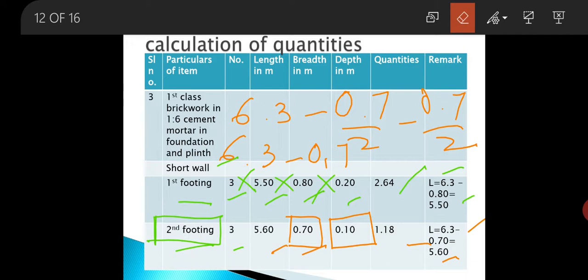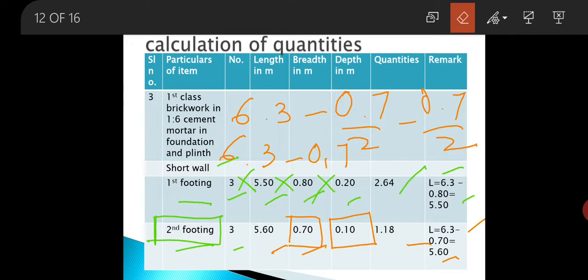The variation is only in the length part, because in calculation of long wall the width is added to the center line length, whereas while we are doing the calculation of short wall, the same width is being subtracted from the center line length, as that portion has already been taken during the calculation of long wall.